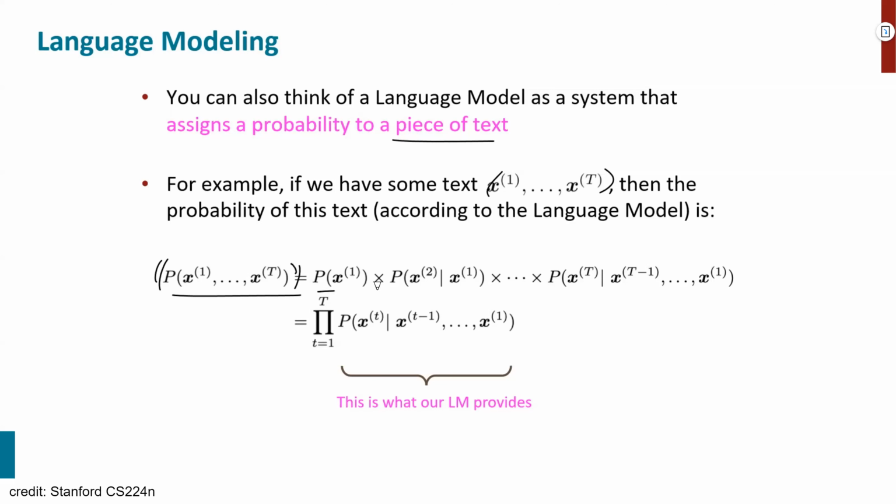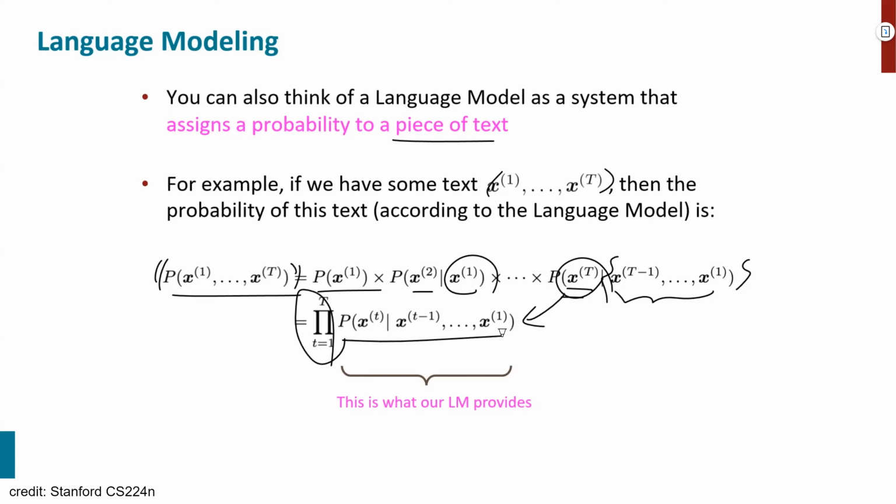First you calculate the probability of the first word, then the probability of the second word given the first word. And for the T-th word, you condition this probability on the previous words. And you can condense this expression using the product operator. And our language model gives the probability of this sentence.